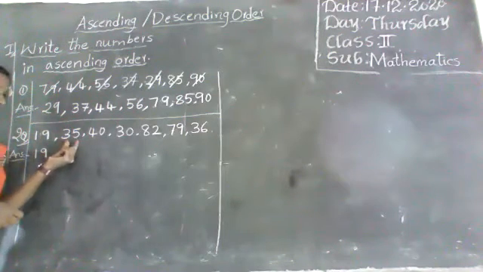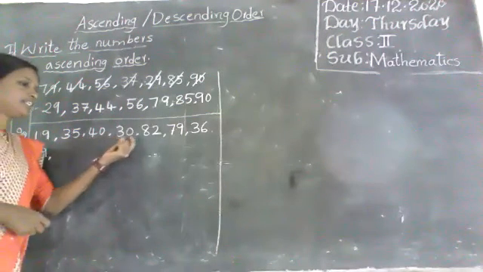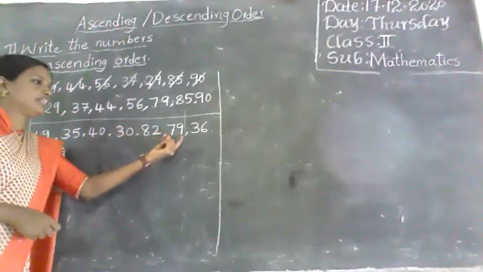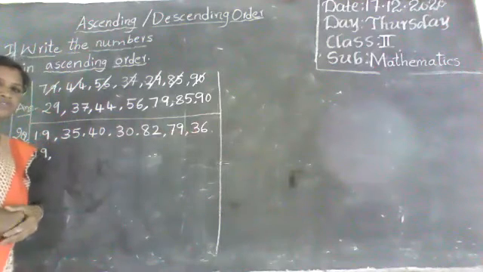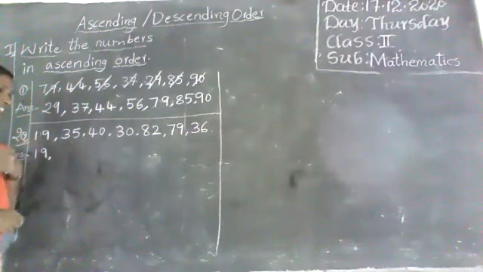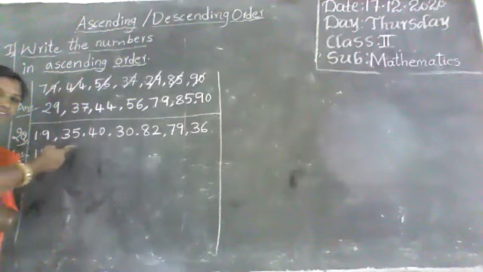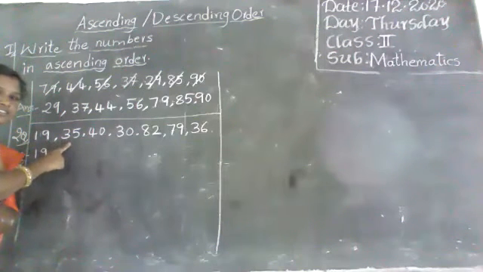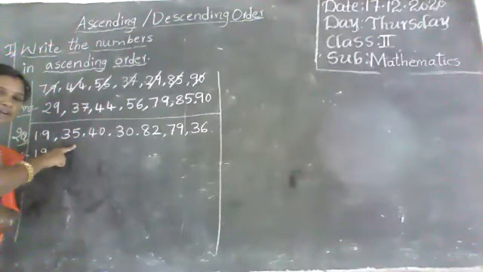Next, 35, 40, 30, 82, 79, 36. In this, which is the smallest? 30 is the smallest.